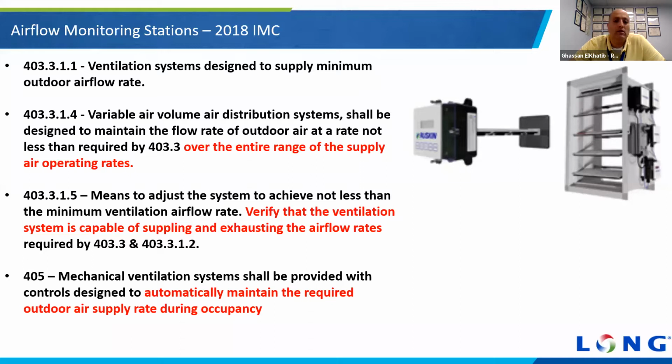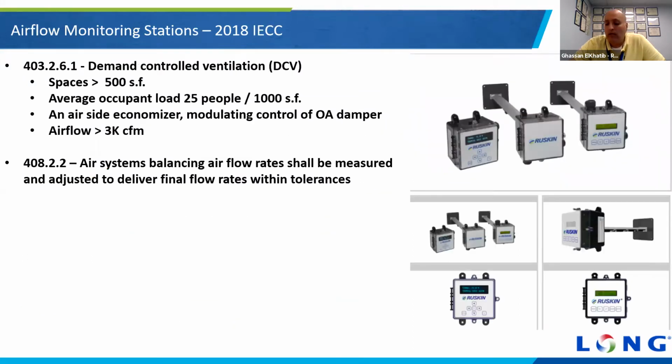These are the different sections for the International Mechanical Code. We also look at the opportunity to save energy, and that's where the International Energy Conservation Code comes in. We have the opportunity to use demand ventilation, which reduces the actual amount of outdoor air. Again, you can do that, but make sure you're still maintaining the absolute minimum. So that's another critical part.